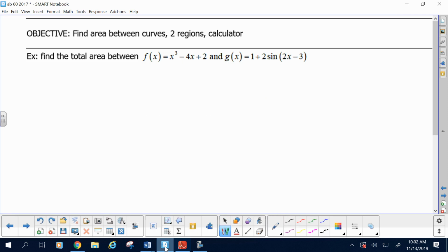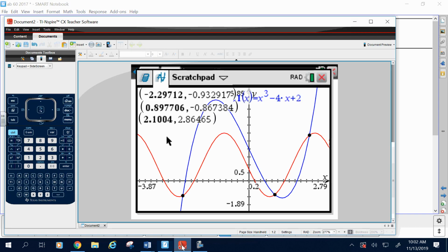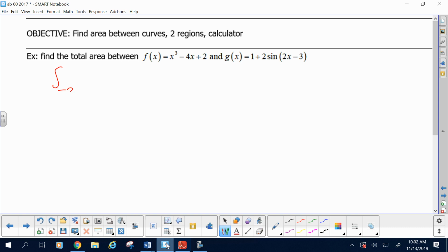The first integral is from negative 2.297 to 0.898, and is it f minus g or g minus f? f minus g. Cube on top, right? Yep. Okay, so f minus g.